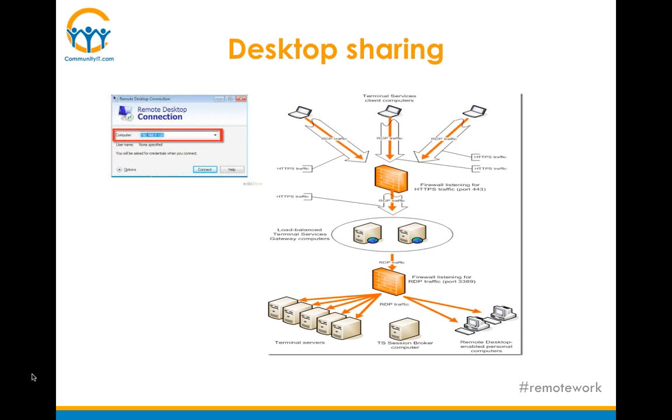So you have a server in the main office, and when you are at home you connect to that server, and that's how you access the network resources. That's usually called a terminal server. Your organization can also publish some applications so that you can take advantage of those remotely.